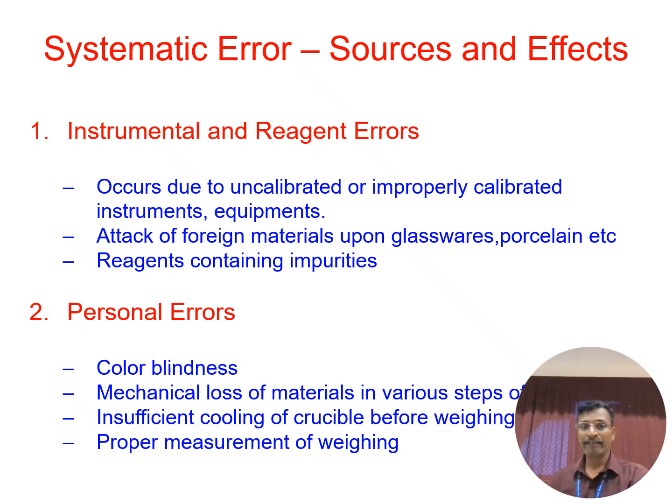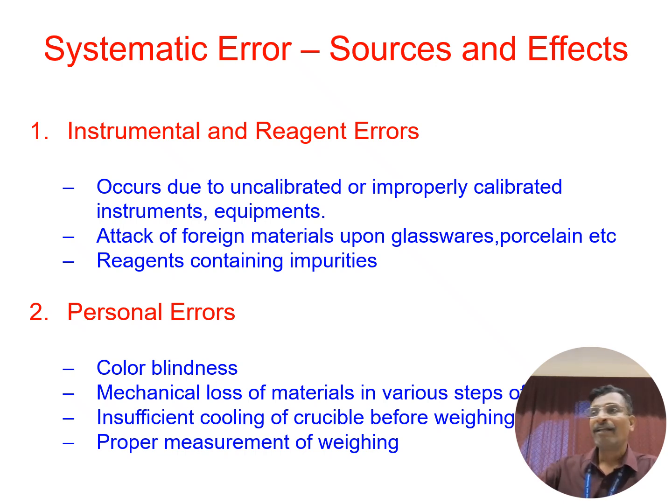So if you look at industry, for any equipment or instrument, definitely they will place a tag. The tag is there for, say for example, UV visible spectroscopy. According to their standard operating procedure, the instrument should be calibrated once in 6 months or 3 months, or according to usage.